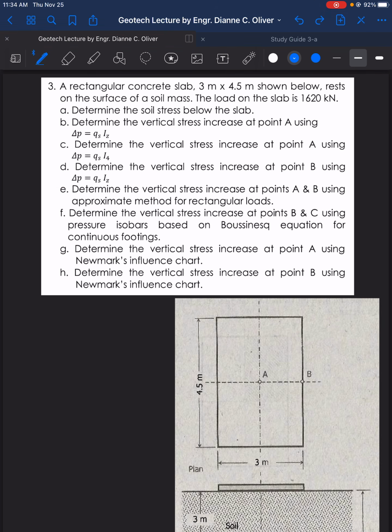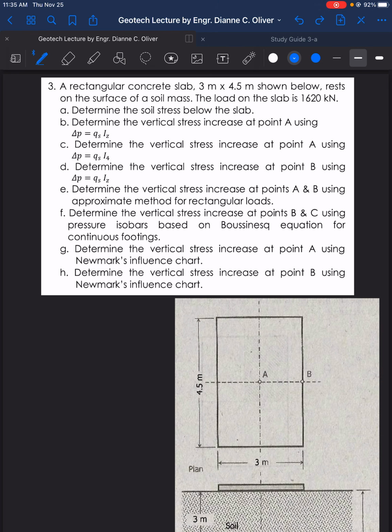Then we have letter D. Letter D is determine the vertical stress increase at point B, this time point B, using delta P equals Q sub S times I sub Z, same as B here. So we are going to use the 3-A formula. Next, letter E, determine the vertical stress increase at points A and B using the approximate method, which we will discuss in the next videos.